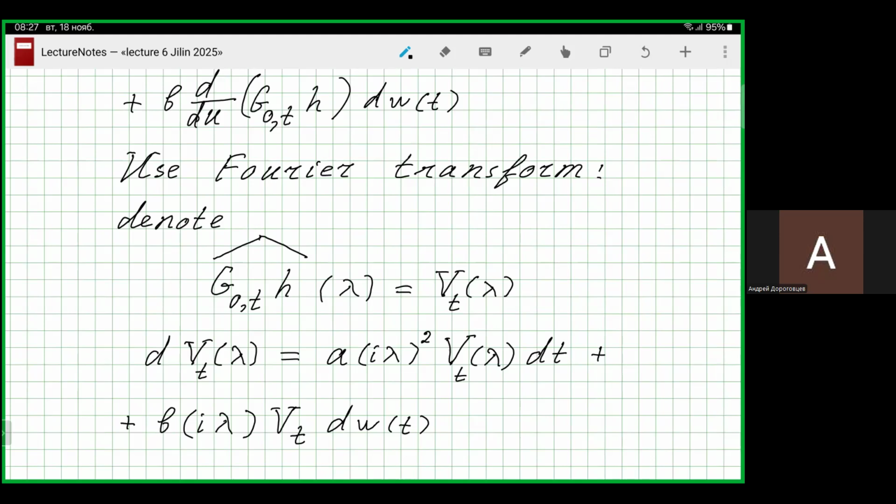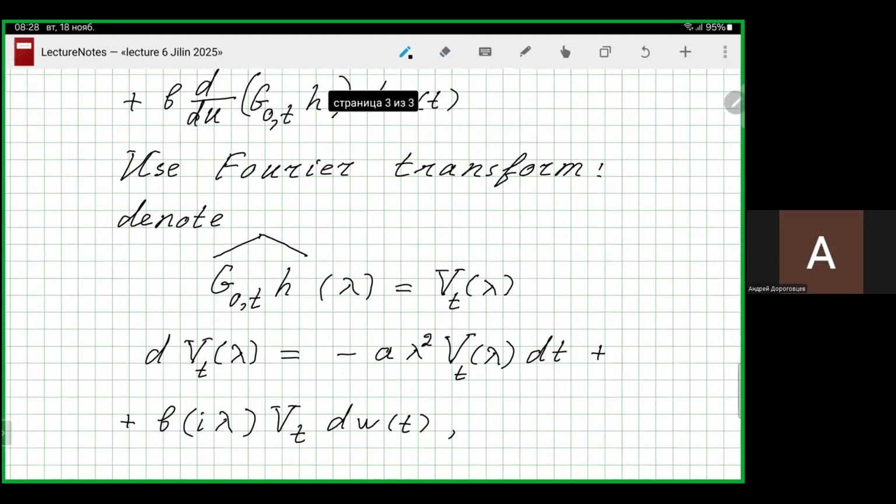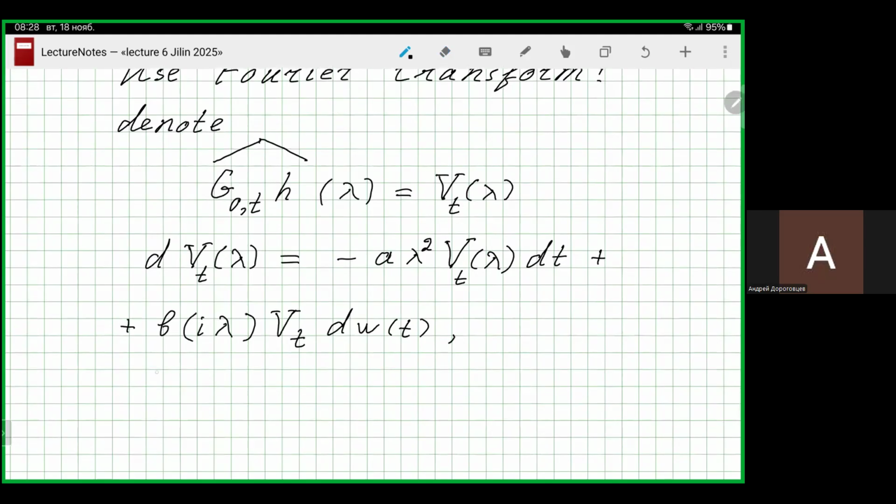So what we get is minus a lambda square v dt plus b i lambda v dw, and the initial condition v0 of lambda is h hat of lambda.